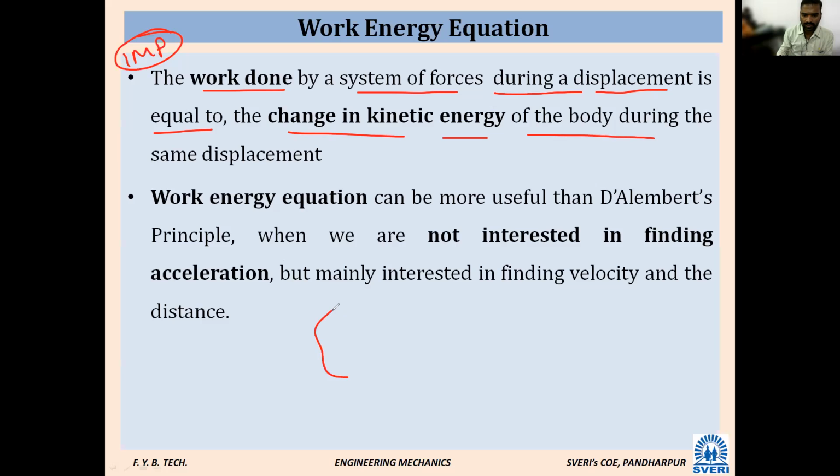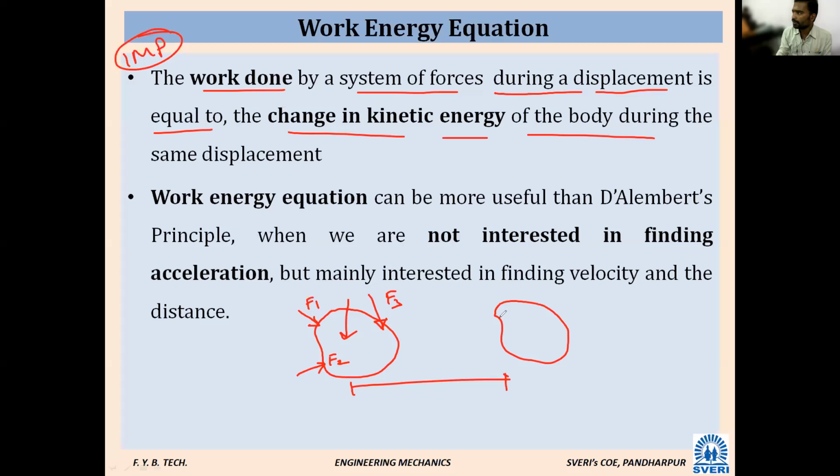Okay, so draw this diagram. The potential energy will not change, because the initial and final potential energy remain the same: the height will not change and the mass will not change.